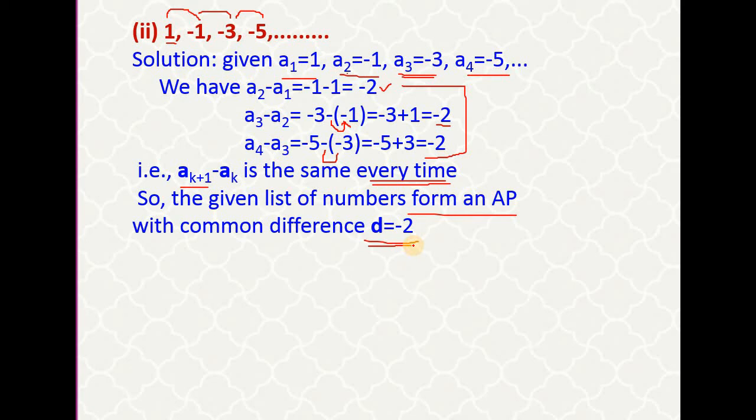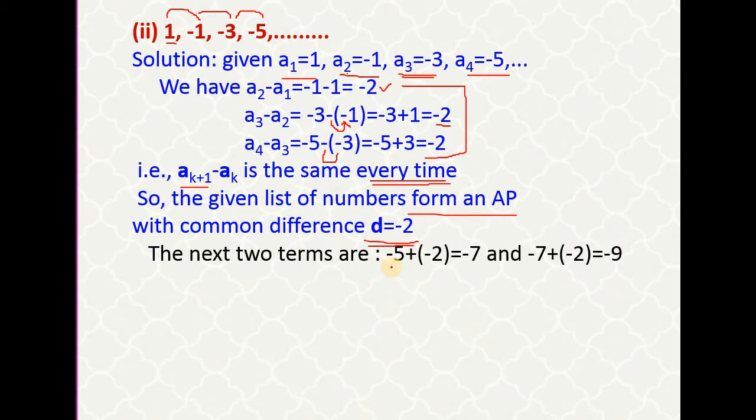So just add minus 2 to the last term. Minus 5 is the last term, so minus 5 plus of minus 2: minus into plus is minus, so minus 5 minus 2 is minus 7.